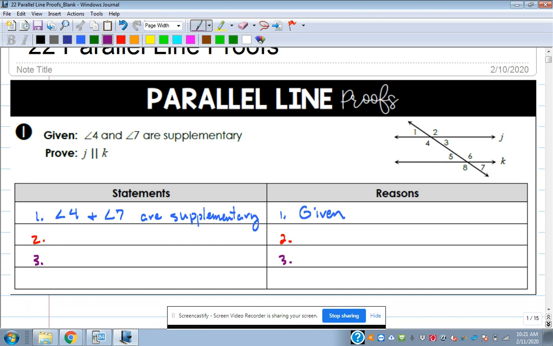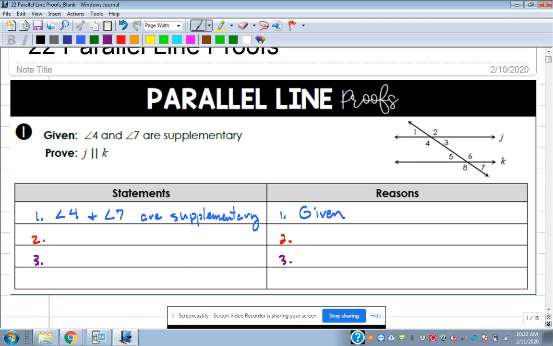We're trying to prove the lines are parallel. But 7 and 4 are supplementary, and 1 and 7 is the tie together to get the congruent. Okay, so how do we get there with that? Certain theorem that we need that allows us to say then the lines are parallel.